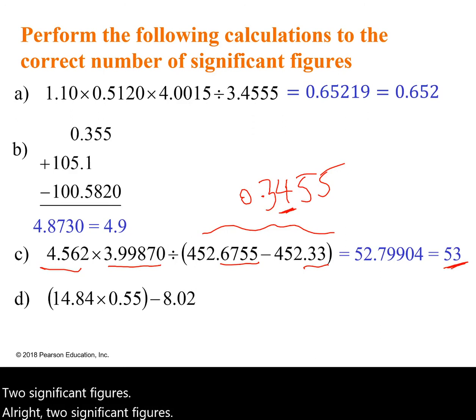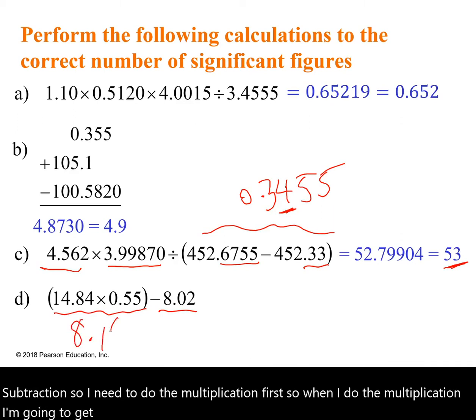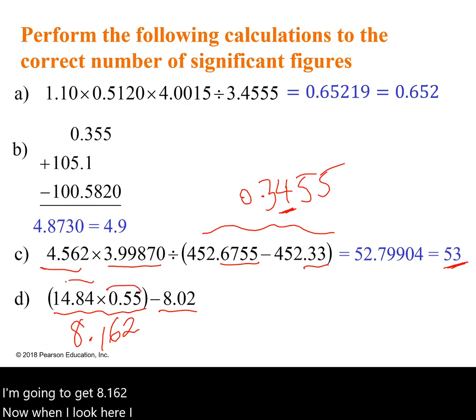Now let's do the next one. The next one, I have multiplication followed by subtraction. So I need to do the multiplication first. So when I do the multiplication, I'm going to get 8.162. Now when I look here, I have 2 sig figs and 4 sig figs. My answer should have only 2 significant figures.